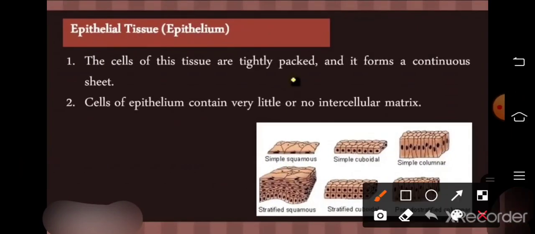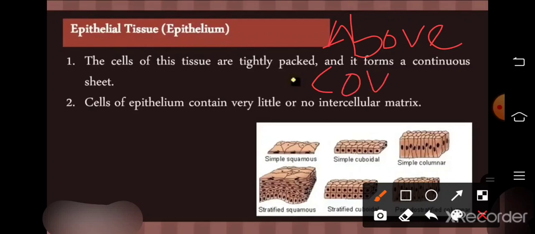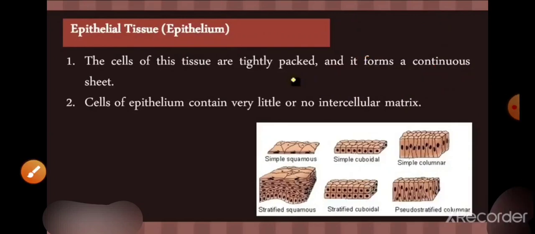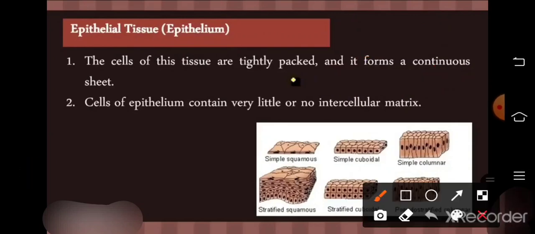Epithelial tissue: epi means above, and it performs covering. It helps in the covering of the organs. The cells of this tissue are tightly packed, meaning no spaces.